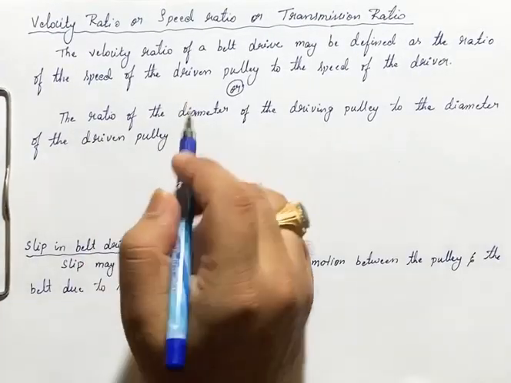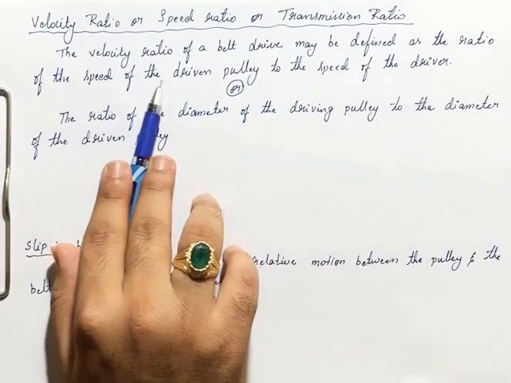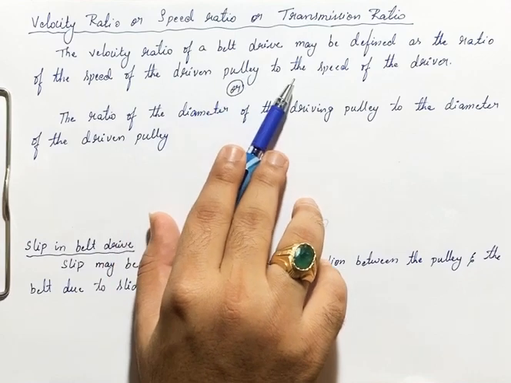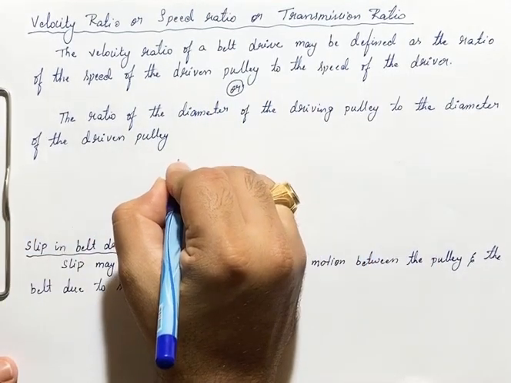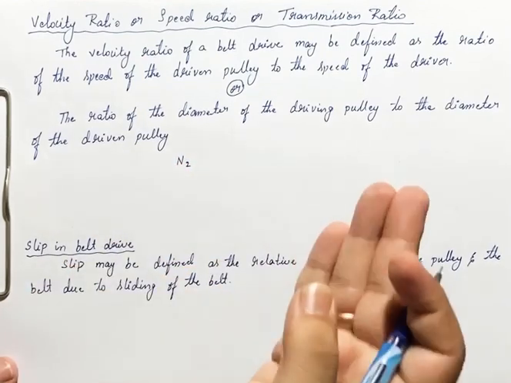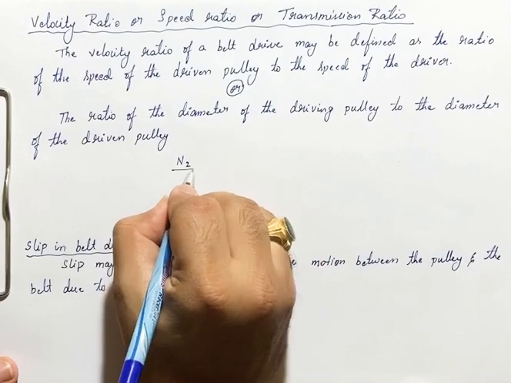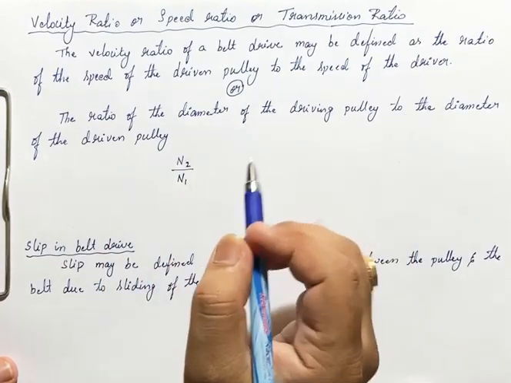Right. Now, what is the velocity ratio? The velocity ratio of the belt may be defined as the ratio of speed of the driven pulley to the speed of the driver pulley here. Speed of the driven pulley is N2, the one to which the power needs to be transmitted, so N2 divided by N1. This is the definition.